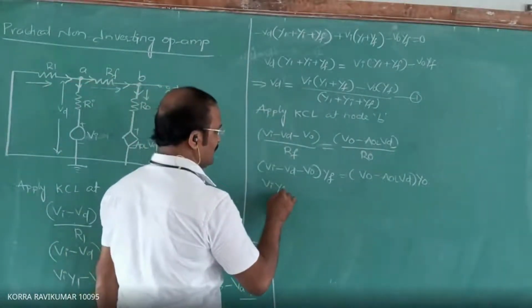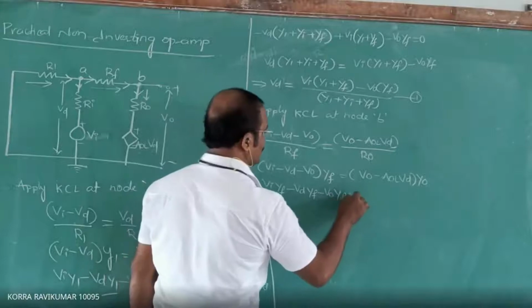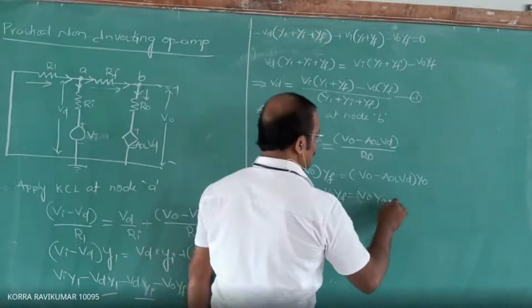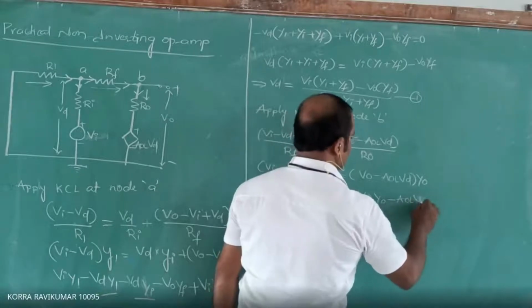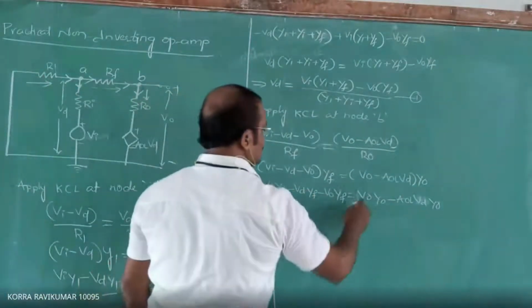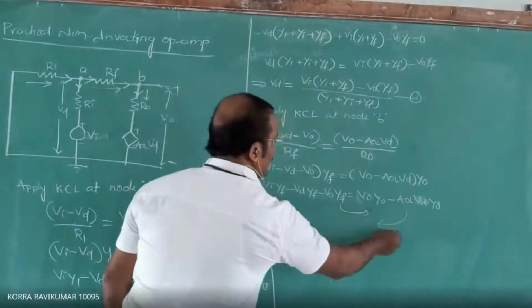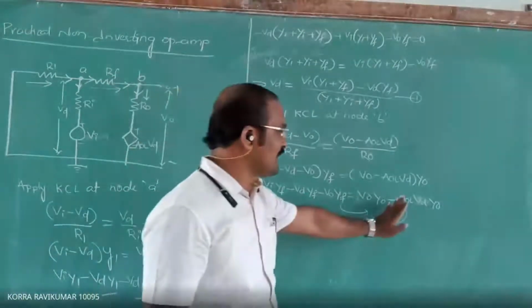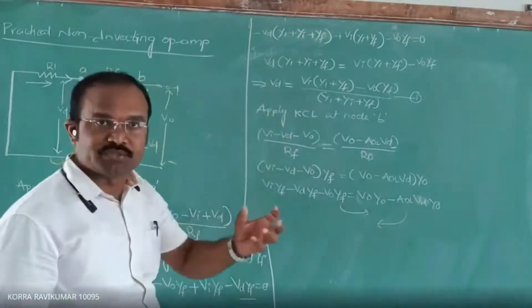Vi into Yf minus Vd into Yf minus V naught into Yf, which is equal to V naught into Y naught minus AOL Vd into Y naught. Send the V naught term to the RHS side and the Vd term to the LHS side, to take the common.